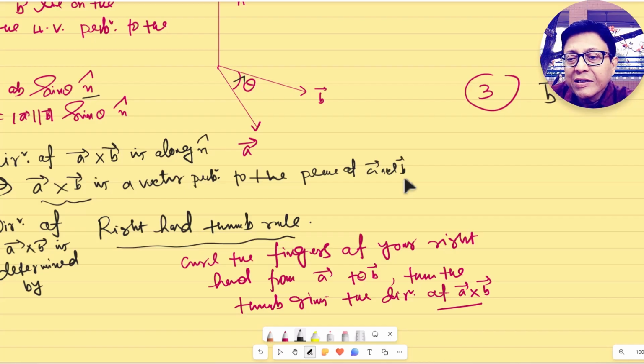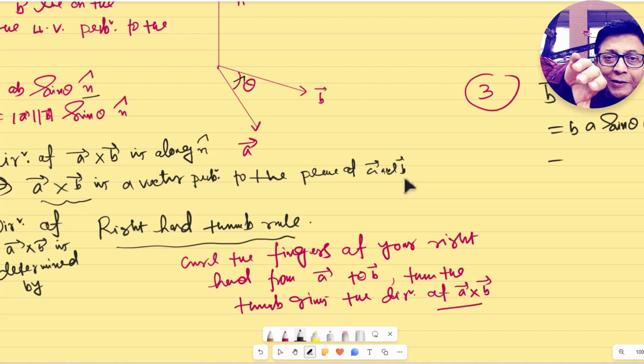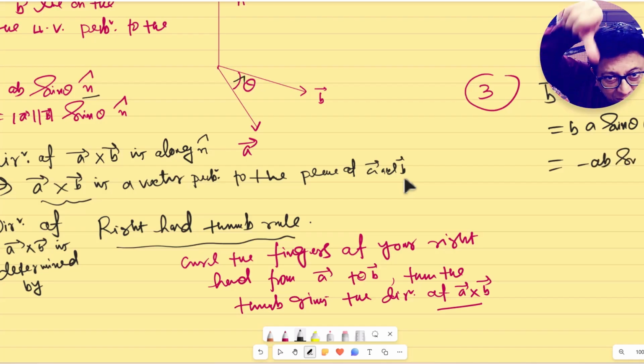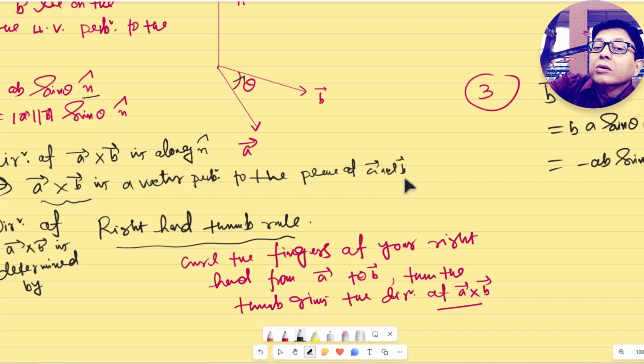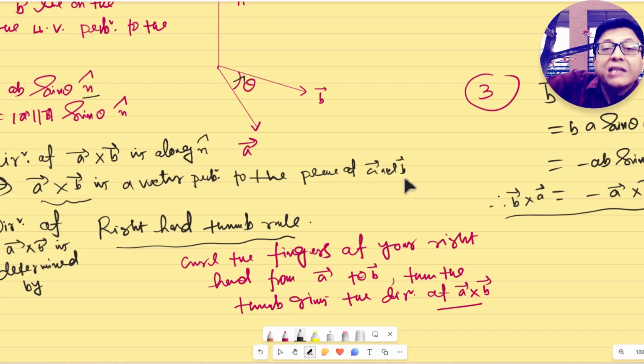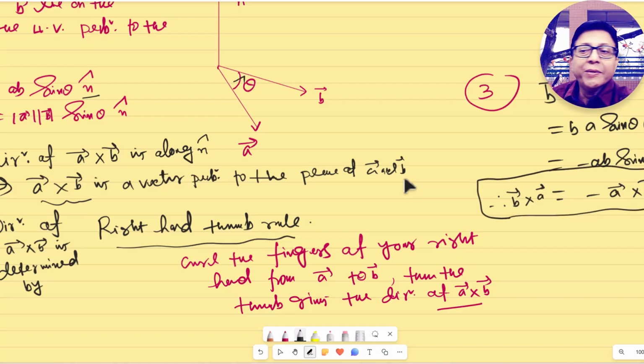That B cross A, so this I am writing in observation 3. That B cross A, so again you will curl the fingers of the right hand from B to A. So n cap is going down. If they lie in the same plane, the xy plane, then initially if you take A along the x-axis, B along the y-axis, then n cap will be along the z-axis. This time B to A means it will be along the negative direction of the z-axis.